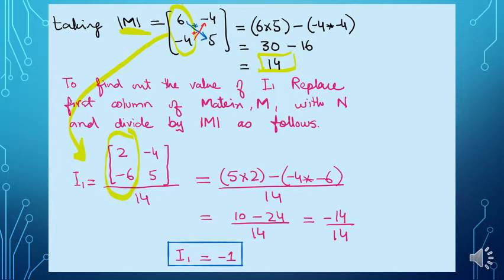Those were the values of our voltage sources, 2 and minus 6. Then we divide by the determinant of our original matrix, 14.